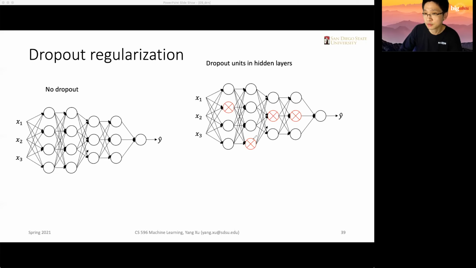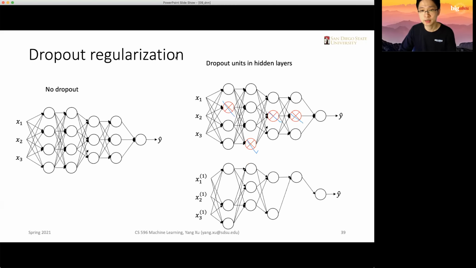We can do that randomly, like we remove these four neurons, so that now the resulting model would be like this, right? I think I left one behind, but anyway, you get the idea that we remove some of the neurons.